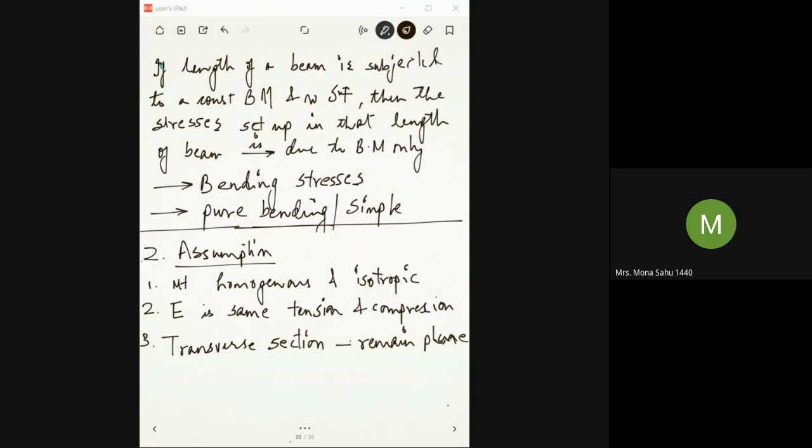Remain plane after bending. Okay, the fourth assumption is going to be: the beam will initially be straight.